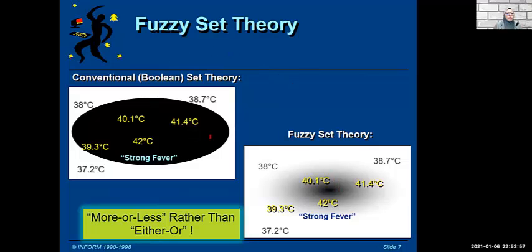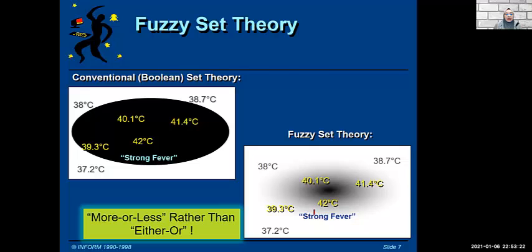So this is an example of fuzzy set theory. In conventional or Boolean set theory, you can see a sharp difference between strong fever and what we call no fever. So there's a clear boundary between these sets. But in fuzzy set theory, the boundary is not clear.